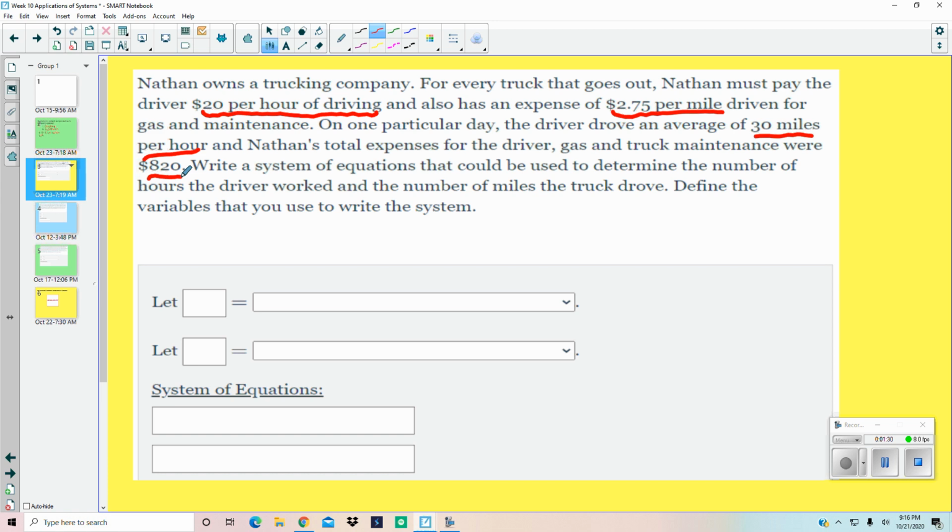Okay, so underlining all those things helps me to define the variables. It looks like I'm going to have H, that represents hours of driving. And then M, that represents the miles driven.